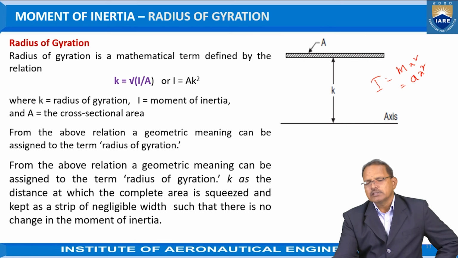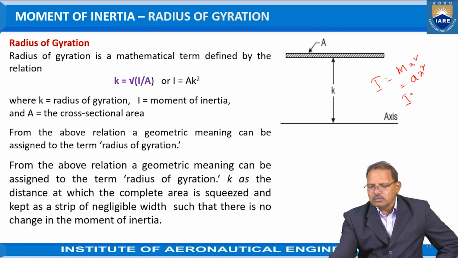If it is at a distance of k from the reference line, that is the axis, then the moment of inertia possessed by that entire area about the axis is given by the area multiplied by the square of the distance between them. That means I is equal to area multiplied by the square of the distance.